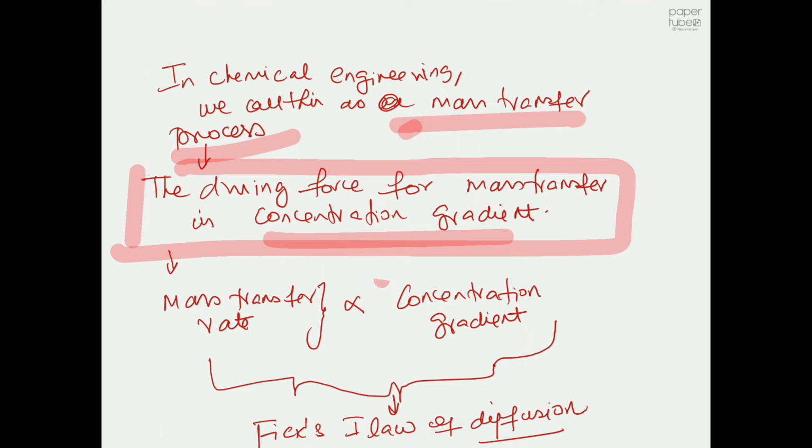How fast it moves depends on your concentration gradient. So the rate of mass transfer, or how fast your solute moves from your solution side to the adsorbent side, just depends on your concentration gradient.